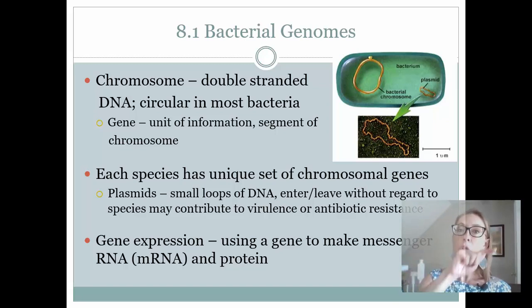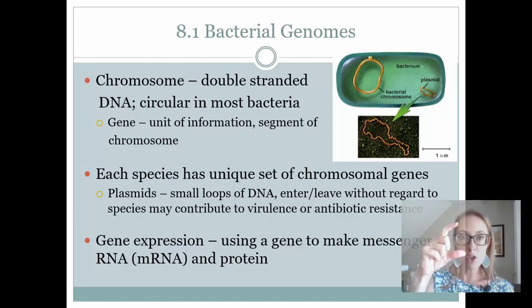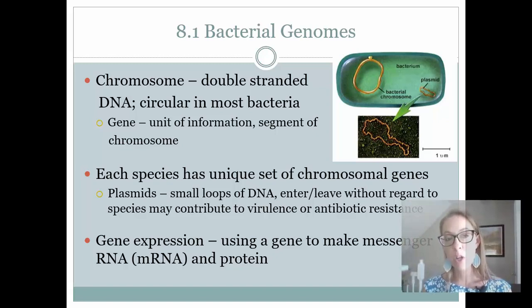On this big loop of chromosome, we have individual segments that we refer to as a gene. A gene is a short stretch of DNA on this larger loop of chromosome.